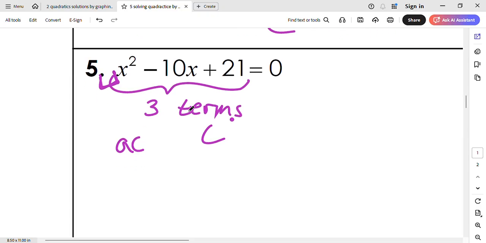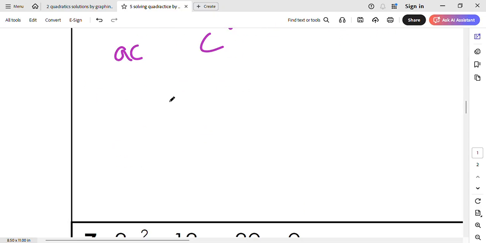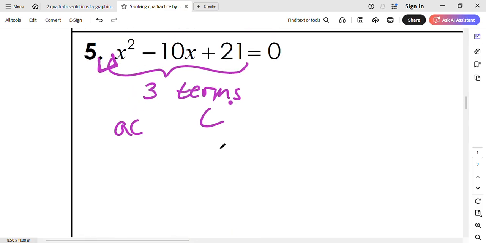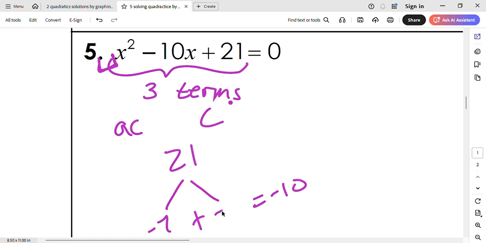So for C factoring, let me grab this 21. What are factors of 21 that add up to negative 10? Negative 7 and negative 3 is correct. How do we know that? Because negative 7 times negative 3 is positive 21, and negative 7 and negative 3 give us the b value.